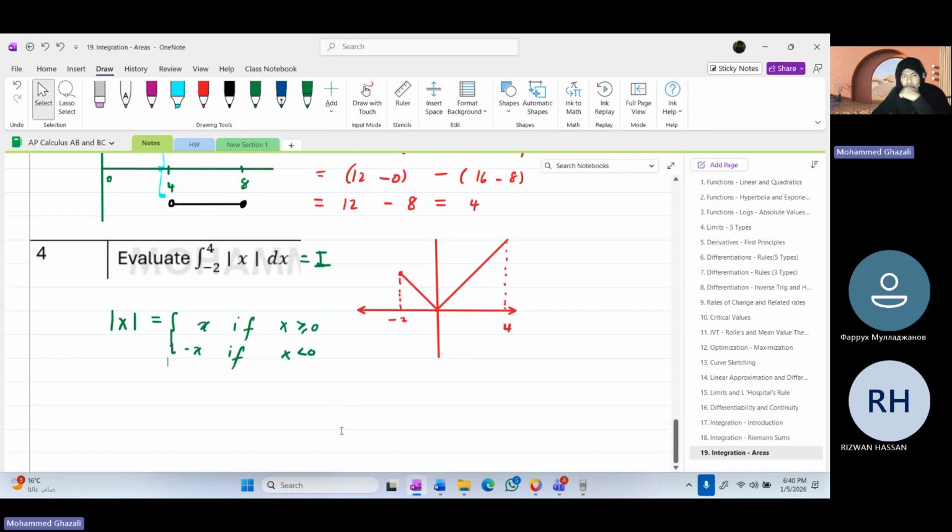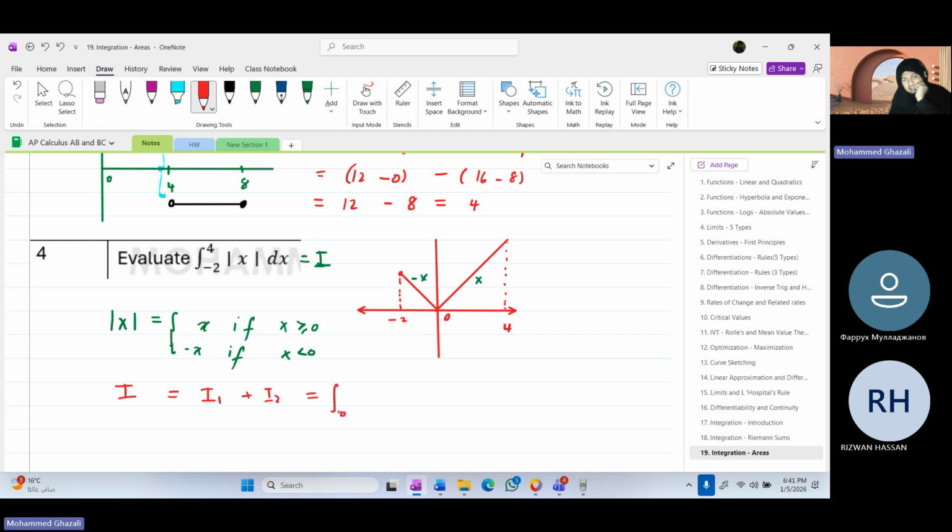So now what are you trying to do? I'm trying to evaluate the integral from -2 to 4. If I didn't draw the graph and used this knowledge only, I can't integrate over the entire region because it's two different functions. This is the negative x function and that's the positive x function. So this integral has to be broken down into two parts, integral I1 plus integral I2.